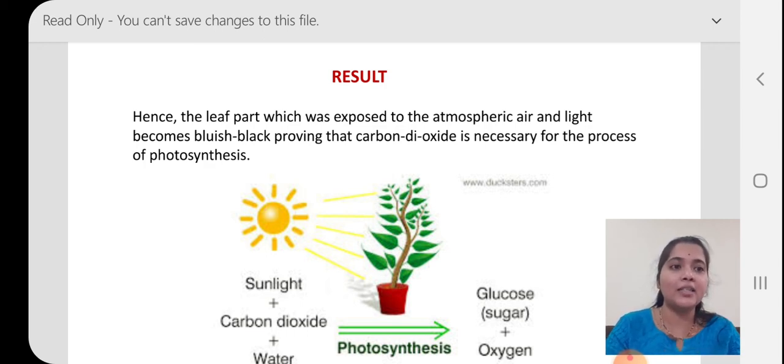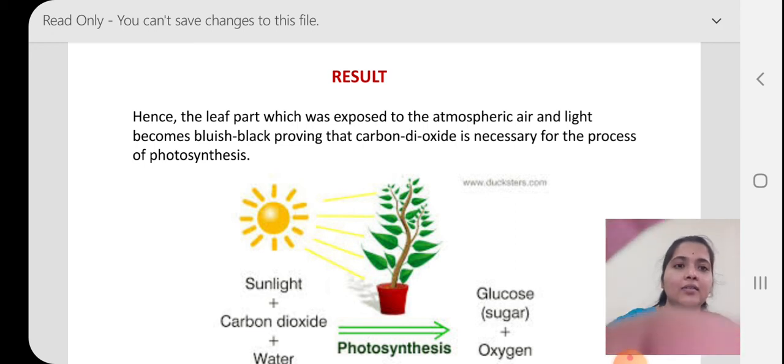Potassium hydroxide is absorbing all the carbon dioxide. See the equation, children: sunlight, carbon dioxide, water, all these things help in the process of photosynthesis. The end products will be glucose and oxygen. Oxygen is liberated out of the photosynthetic equation, as was proposed by Robert Hill.